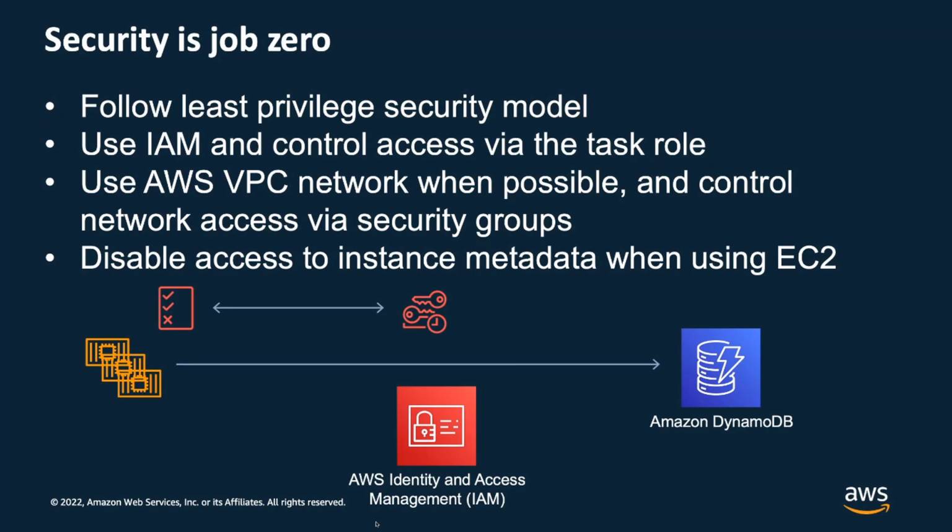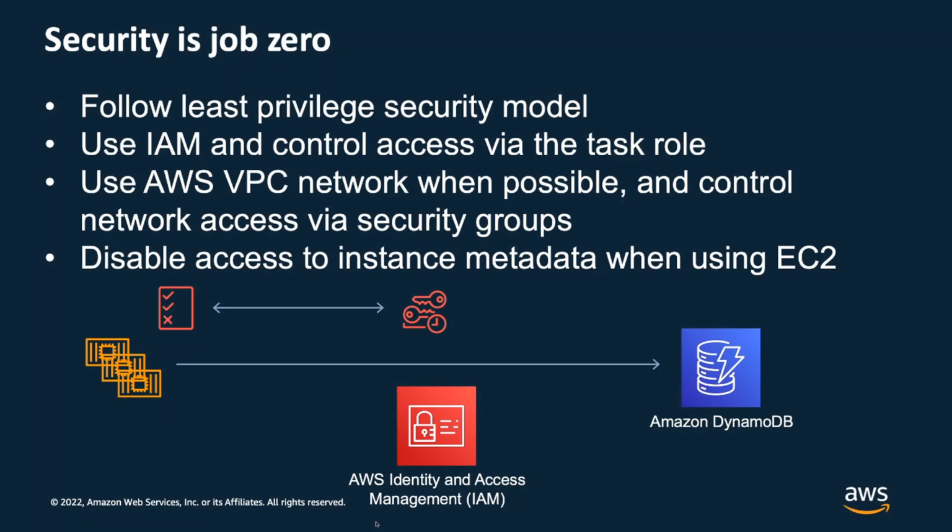Use AWS VPC network mode when possible and control network access between resources using security groups. This is a really powerful feature that comes with AWS VPC networking mode. And for Fargate, this is the only option available.